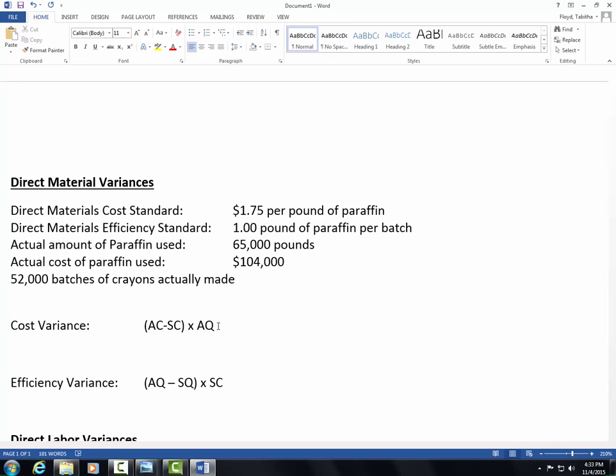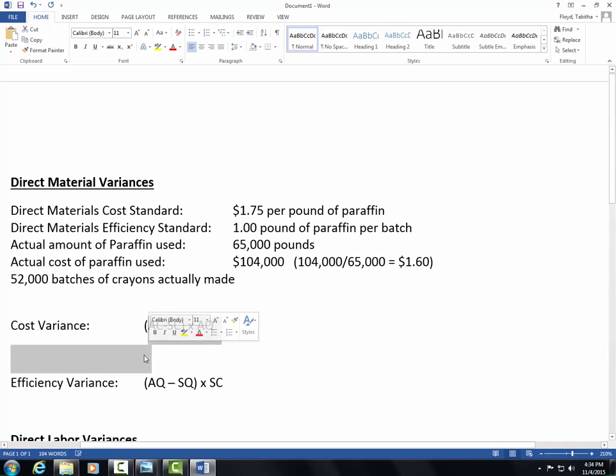So the actual cost that we paid for this wax, it doesn't give us a per pound amount, so we have to calculate the per pound amount by ourselves. You take what you paid, $104,000, divided by 65,000 pounds, and that tells us that we paid $1.60 per pound.